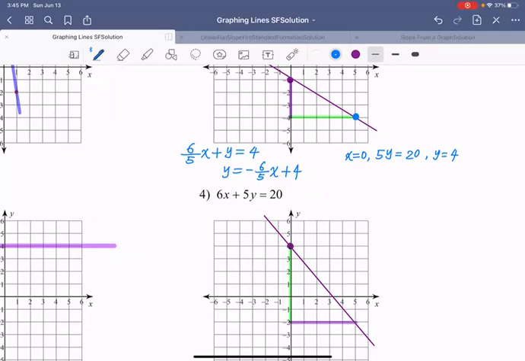Let's get another point. x equals 5. So it would be 30 plus 5y equals 20, right? Right. x equals 5. x is gone. 5 was replaced. 5 times 6 is 30. Okay. Go solve this one.